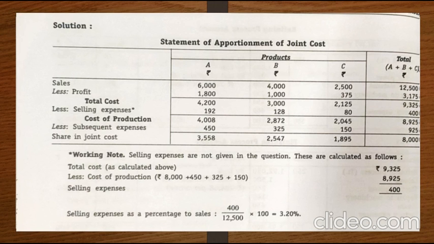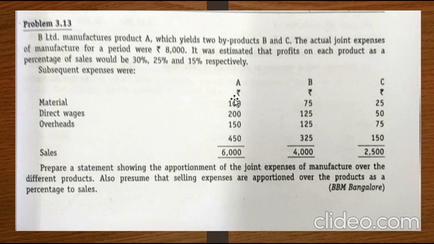So your subsequent expenses are material, labor and other expenses. The total of material, direct wages and overhead is 450 for A, which is there in the question, 325 for B, and for C it is 150.